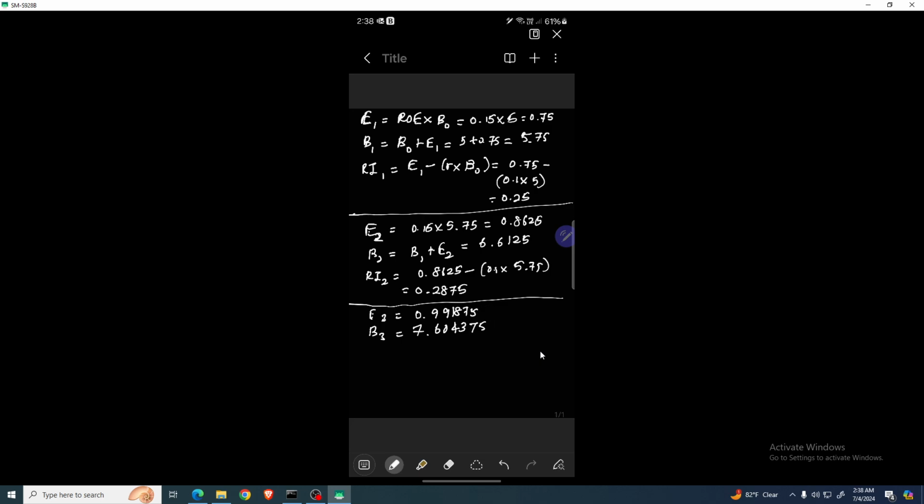that's 7.604375. And then residual income for year three, again going to be an easier one: 0.991875 minus 0.1 times 6.6125. Okay, that's going to be 0.3306.